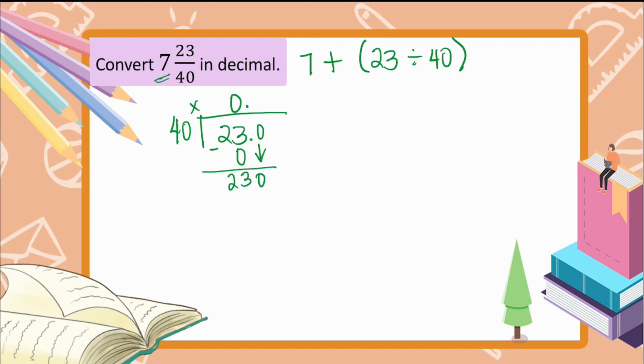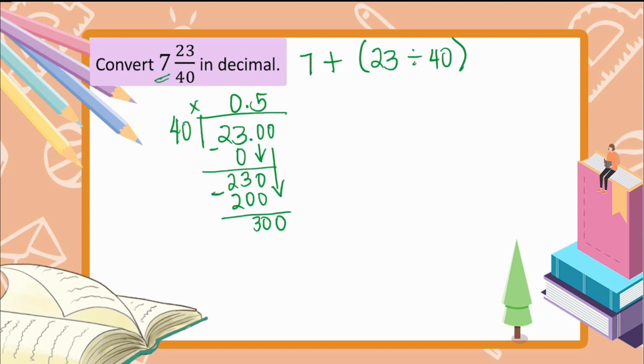230 divided by 40 is 5. 5 times 40 is 200. 230 minus 200, we will get 30. Okay, so may remainder. Add 0, bring down.